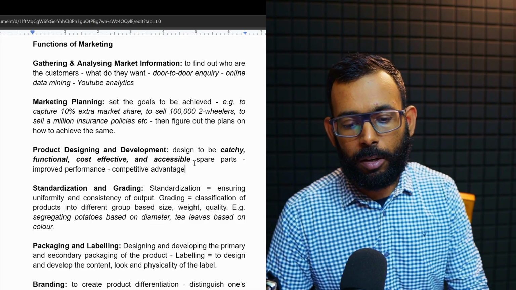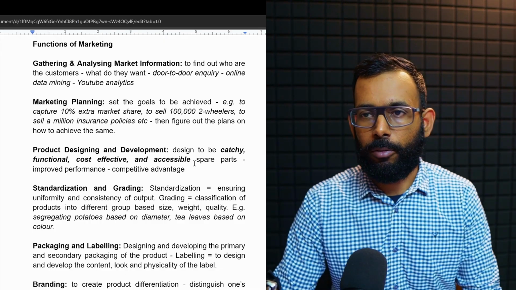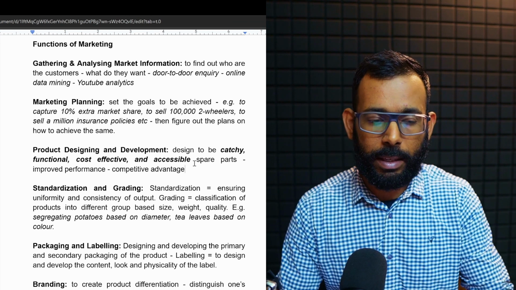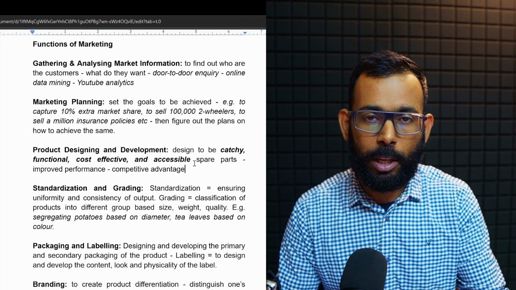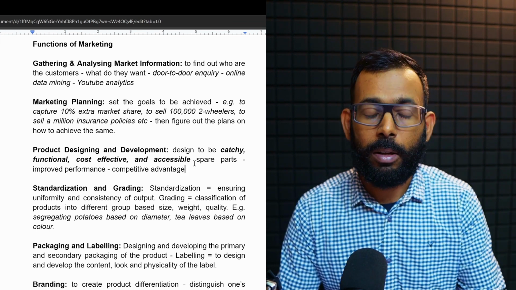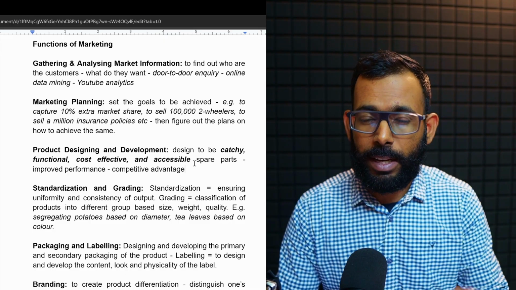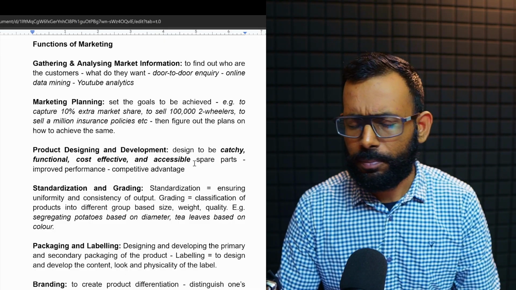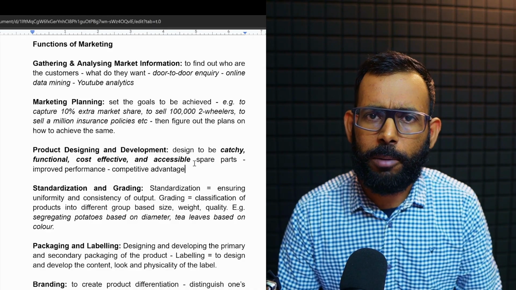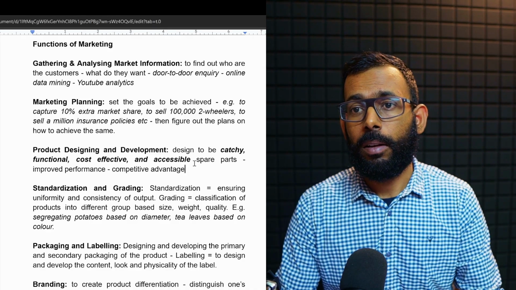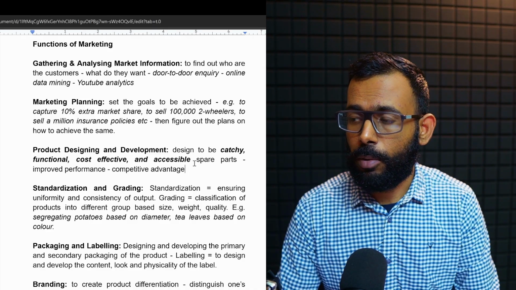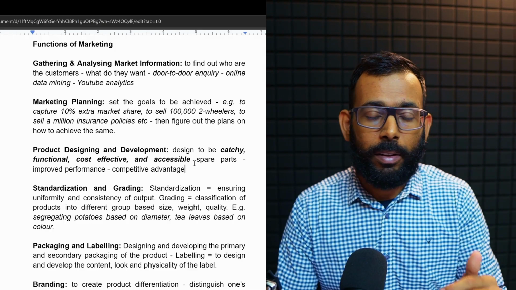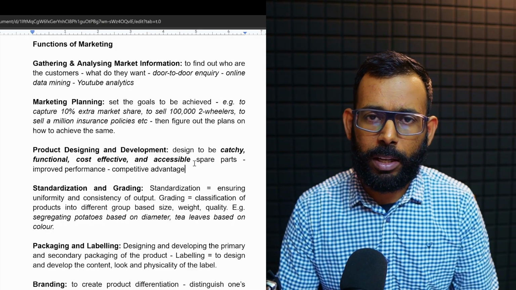And finally, let us talk about accessible spare parts. Again, you must have heard about this a lot of time before. You have some vehicles that are extremely common, let's say some Splendor, let's say some Hero Honda Passion, or some normal scooter, which the spare parts are very much available in India. Let's say you buy a Maruti car, the spare parts are pretty much available in India. But take for example some Honda car or some other foreign made car, they will be pretty much well functioning only.